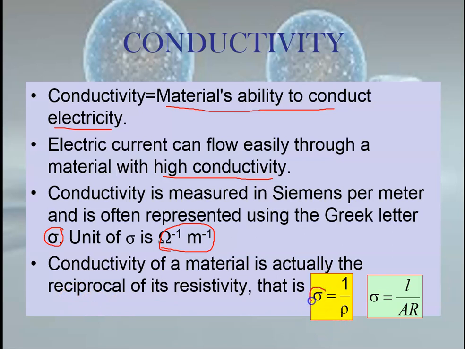So conductivity is equal to 1 over resistivity, and since resistivity is equal to R divided by L times the area, from R equals resistivity times the length divided by the area, by rearranging this I will get the value of resistivity, and rearranging this I will get new relations between my length, area, and resistance with my conductivity.